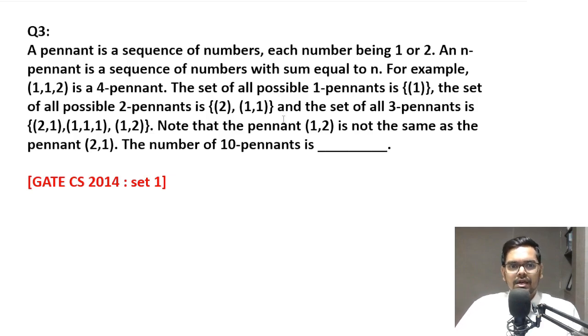That's all. So the set of all possible 2-pennants is nothing but making the curly brackets, and that's it. Coming to the third point, where the set of all 3-pennants is like this. And then you have to note that the pennant 1, 2 is not the same as the pennant 2, 1. See carefully. 2, 1 is not the same as 1, 2. This is what they are saying.